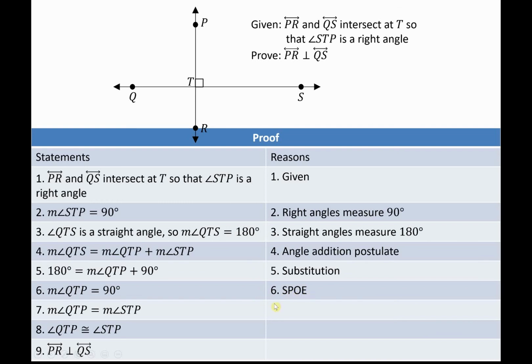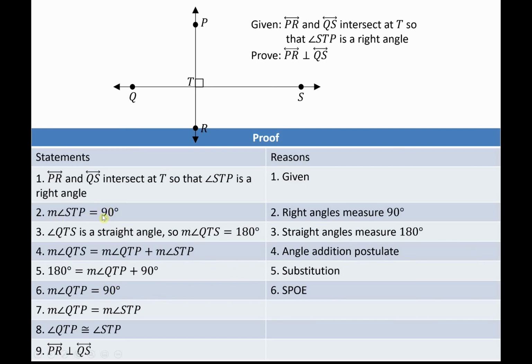Again, I get to use this justification to go from statement 5 to statement 6 because it appears that the equation has changed in the subtraction of 90 from both sides of it. Okay, there we go. So then what? Oh, look at this. I am either, you could say, using the transitive property, it looks like, because I am saying the measure of angle QTP is 90 degrees, but so is the measure of angle STP.